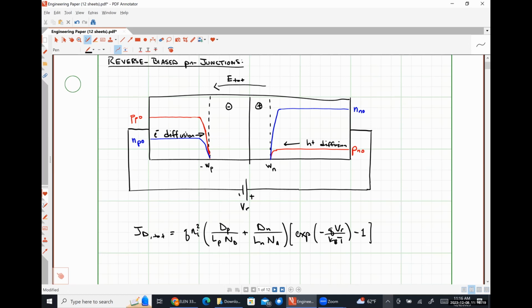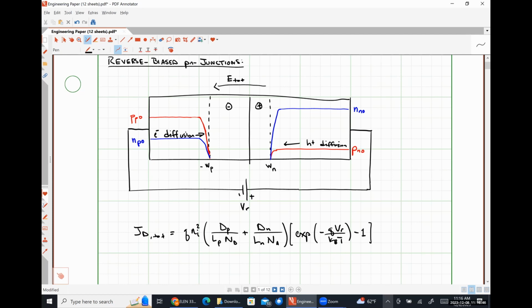Now let's consider what happens when V_R gets large, more than a few thermal voltages. What's going to happen to this exponential function? It's going to go basically to 0, right? E to some negative large number gets closer and closer to 0 the larger that number gets. And so our current is going to be dominated by this -1 term.